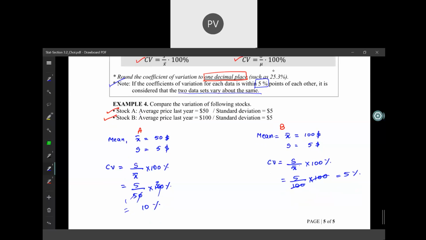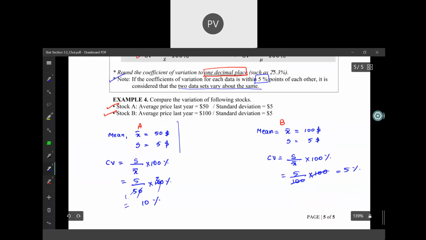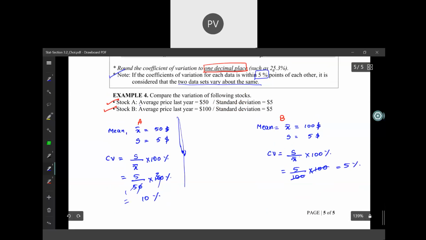That means there is not much variation between the data sets. The CV of A is 10 percent and B is 5 percent, which gives a difference of 5 percent. It is not greater than 5 percent, so the two data sets are the same.